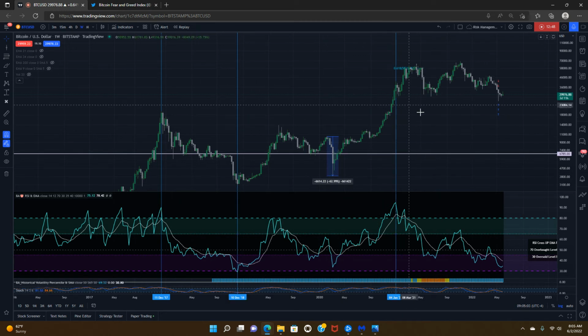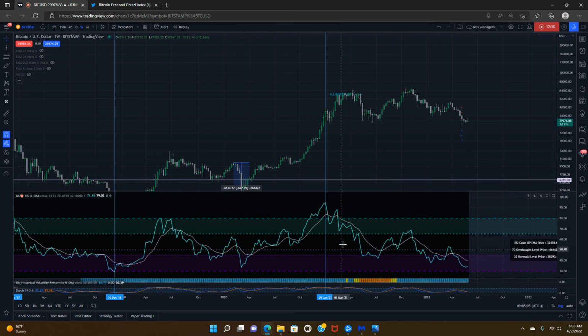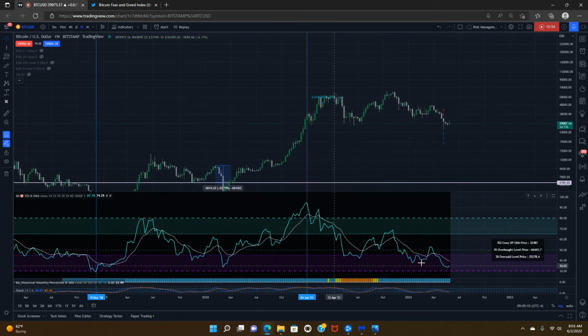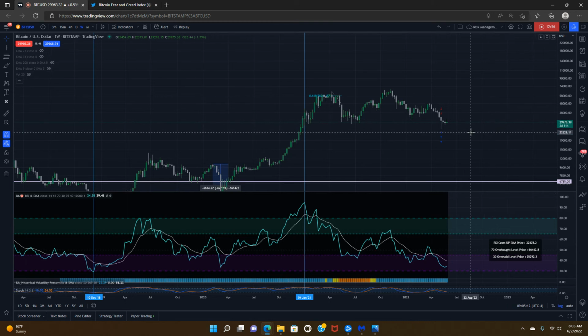So it's just an element to add to your thinking when you're thinking about the macro. It's one of the reasons why I'm not necessarily as bearish as maybe some other people. And again, with some of the retail sentiment indicators that we've seen, it's hard.